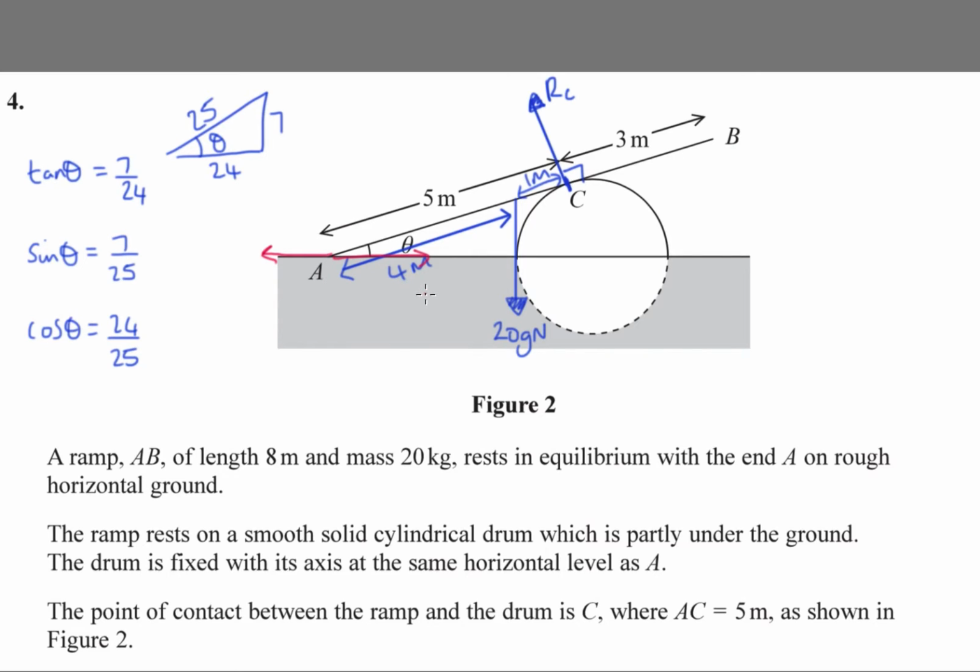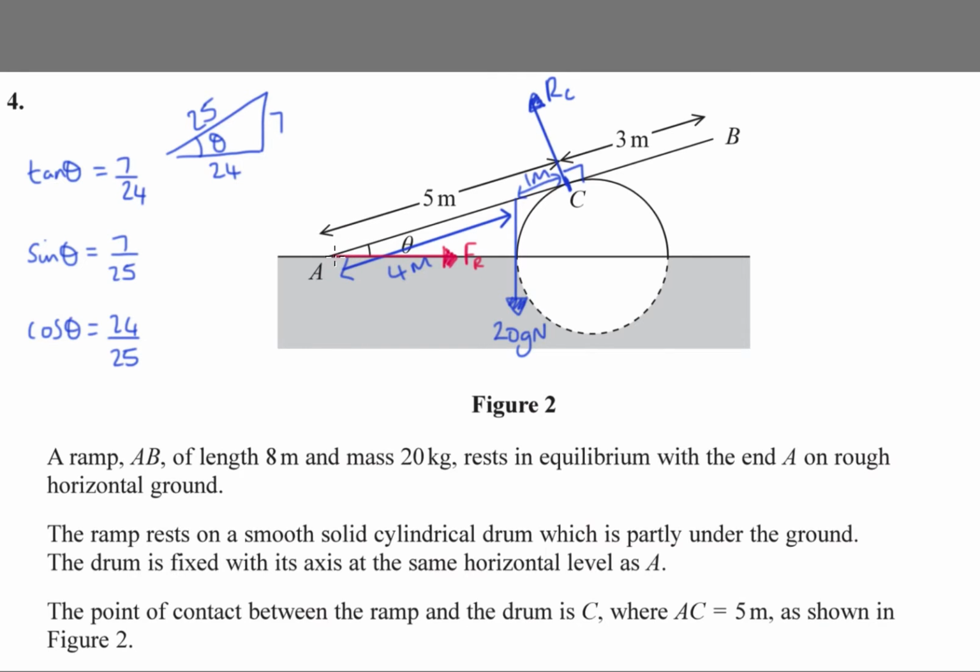If that ramp was to move, it would slip down this way, which means friction is fighting against this motion to the left, and that tells us that the friction is acting towards the drum. So we can add that in. That's your friction.